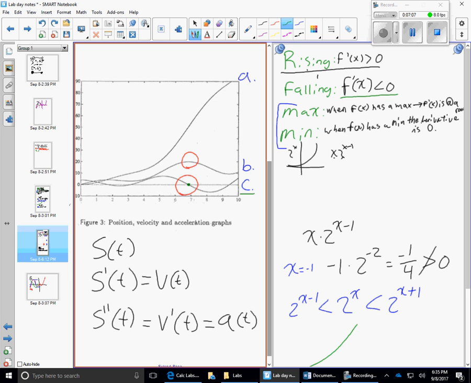If the derivative is 0, then it's either a maximum or a minimum. And then on B, I immediately see a horizontal tangent line, which shows me that this is a maximum. So this automatically tells me that C is equal to the derivative of B. Because when the derivative is equal to 0, the function itself has some kind of maximum or minimum.